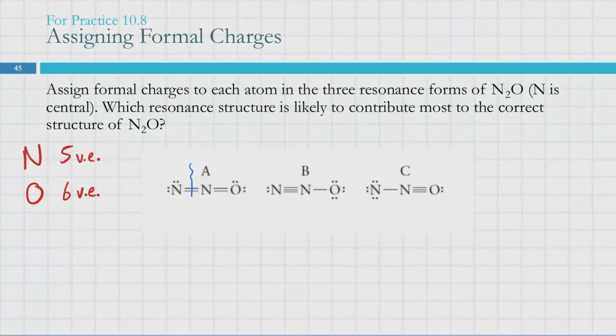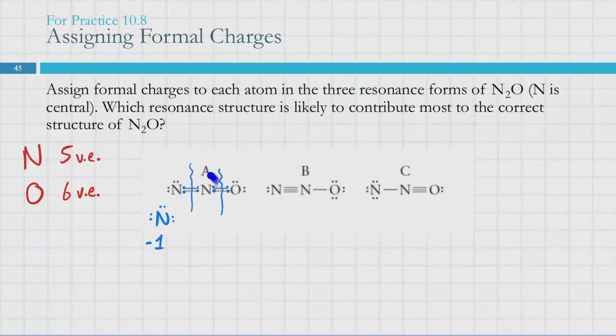We can do the cut the bonds in half method. Our nitrogen on the left has how many dots around it when we cut the bond in half? It has 6. And it normally has 5. It likes to have 5 when it's by itself. It has 6. That's 1 extra. So that's a minus 1 for its formal charge.